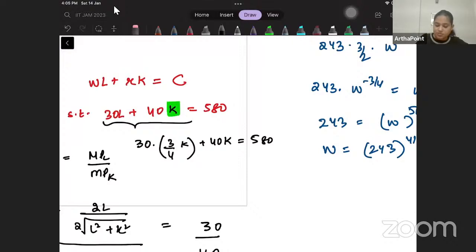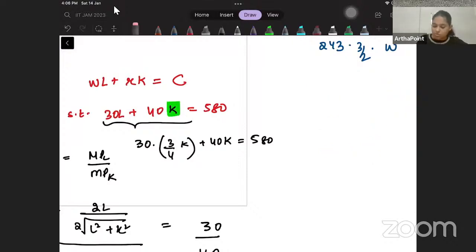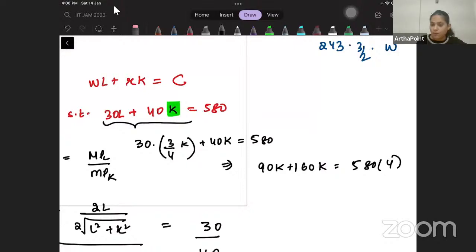So I'm going to get this equal to 90K plus 160K equal to 580 into 4. So 250K equal to 580 into 4.